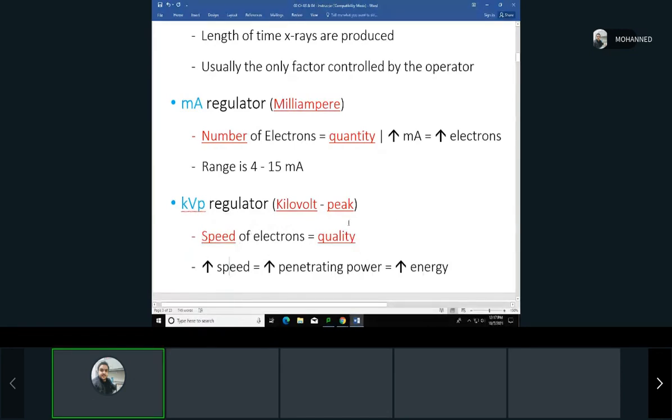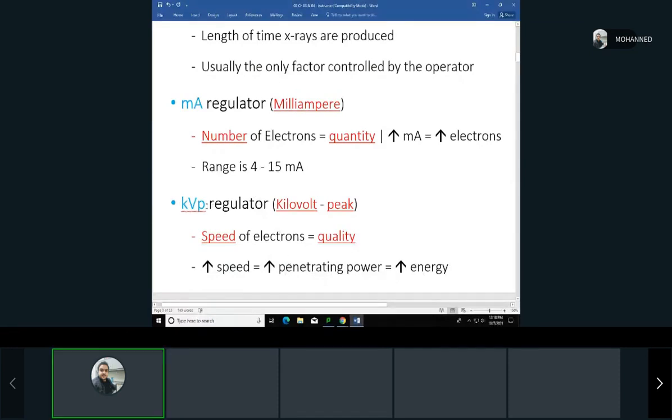The kilovoltage actually controls the speed of electrons. We'll talk about that a little more when we look at the actual tube head. So increasing the kilovoltage will increase the speed, increase penetration power, and increase the energy.